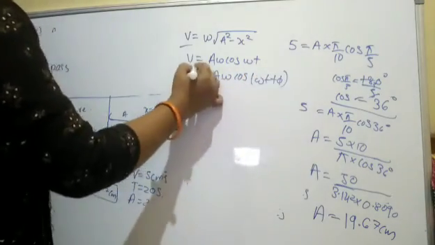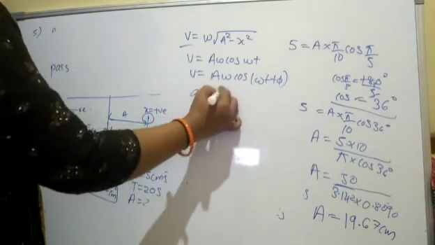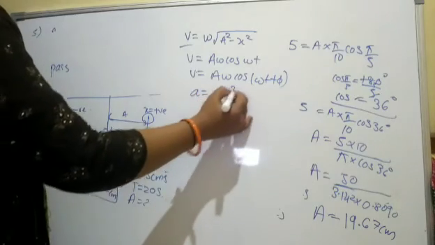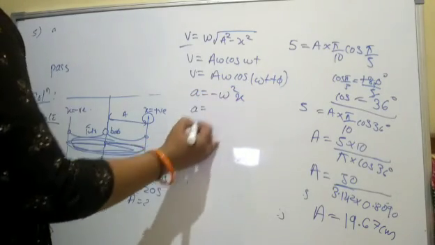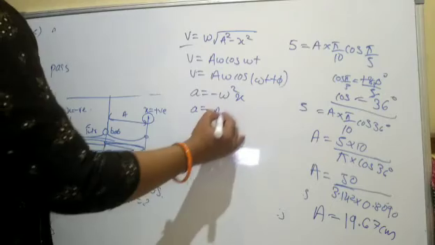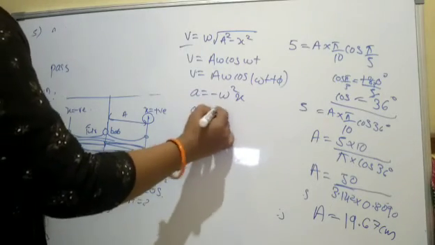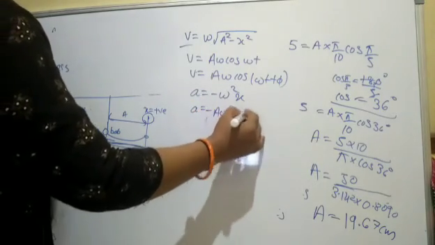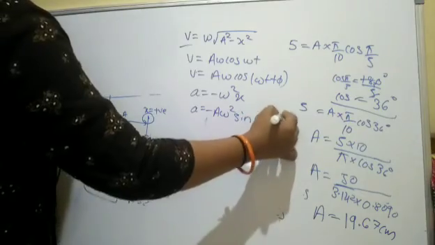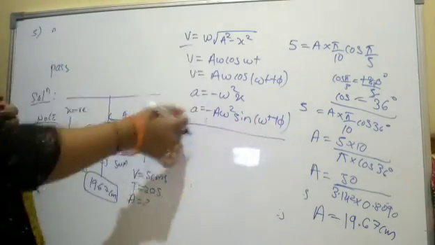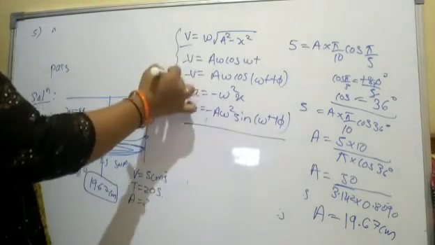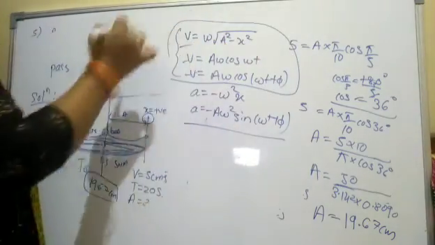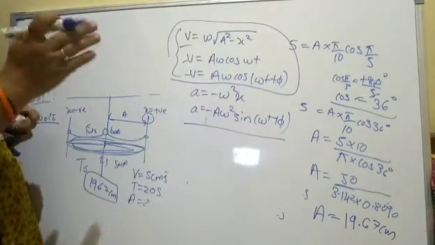For acceleration, we have minus omega square x. Acceleration is also minus a omega square sine of omega t plus phi. These are the different forms to find the velocity and acceleration. So these things you should remember.